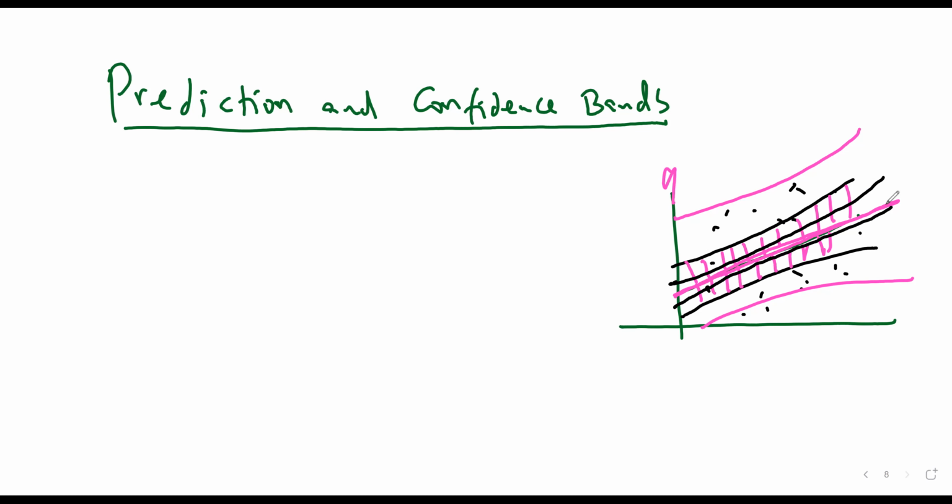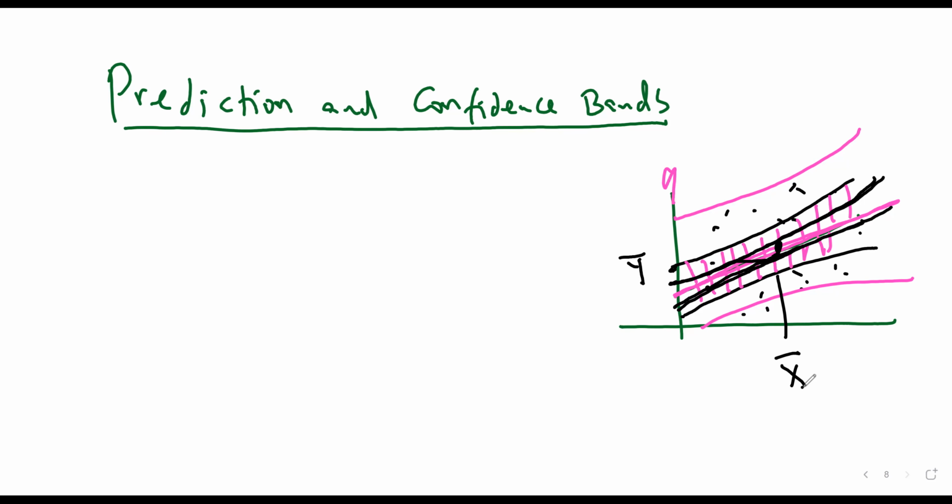That's why you are always encouraged to pick a large sample when you are doing estimation. These bands will often show some curvature, and they'll be narrowest around the center, where the center corresponds to the mean of X and the mean of Y. This is the point where the estimation of the line has the least error.